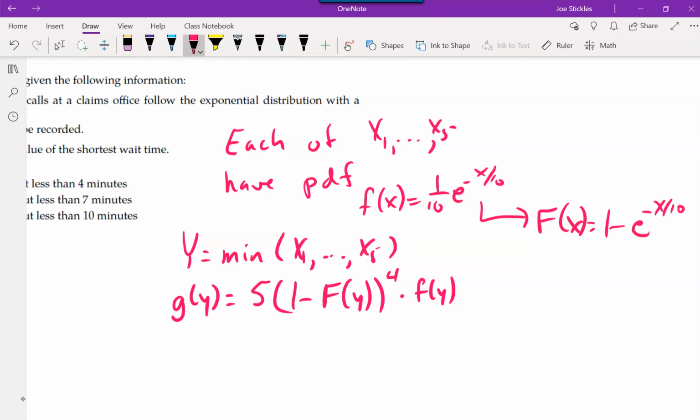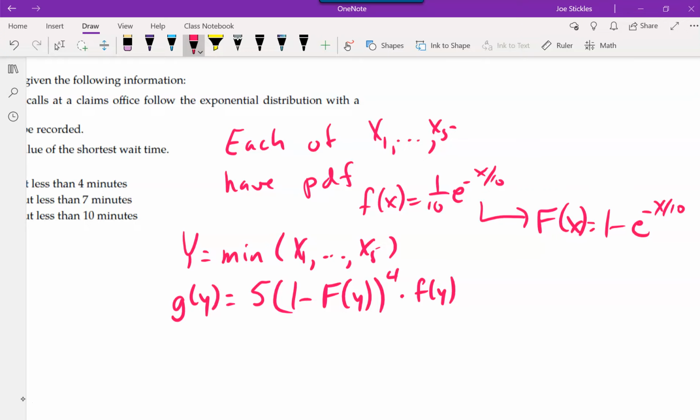If you don't remember it, just integrate. Is that always true? Yeah, for exponential, it's always 1 minus e to the negative x over theta, always. Good to know. For exponential, it's a good one to remember because it pops up enough times. Haley's nodding in agreement, so she's probably seen it once or twice on exam P.